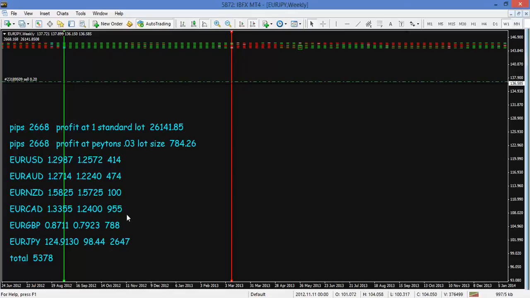The rest of them all helped. Oh, that must be the Euro JPY. Yeah, 2,600. So don't put all your eggs in one basket. Spread it around. Now, if you want to put all your eggs in one basket, feel free. But if you spread it around, sometimes you come out a little bit safer.